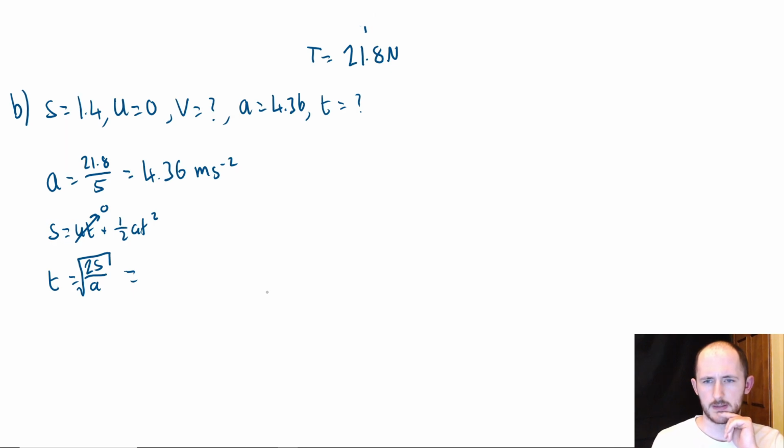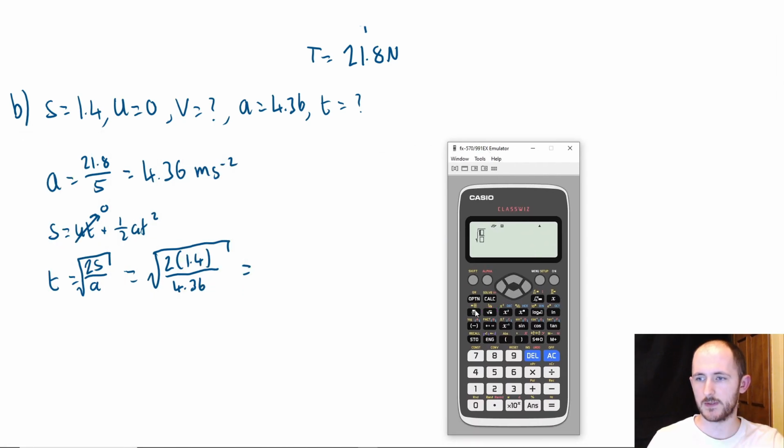That is correct. I don't know why I had to struggle with that for so long. So that's 2 times 1.4 over 4.36. So we've got the square root, 2 times 1.4, that's just going to be 2.8 over answer.